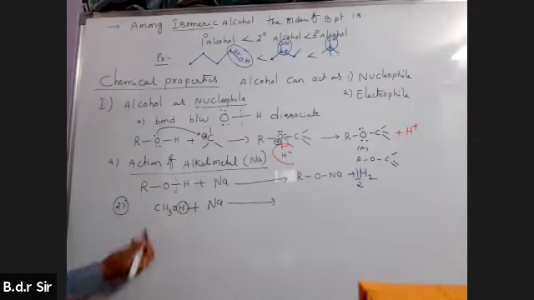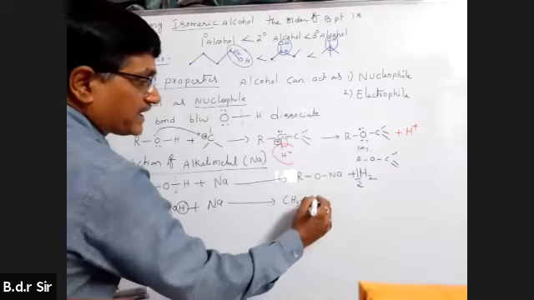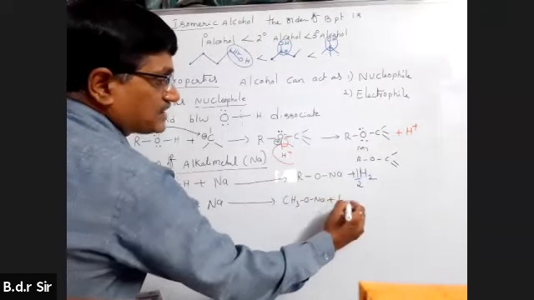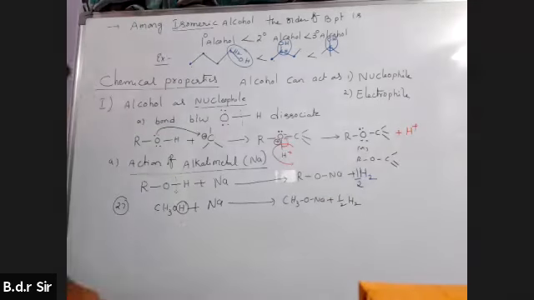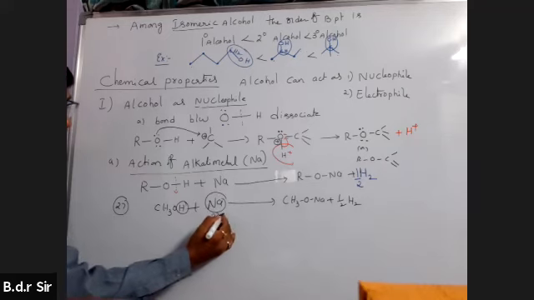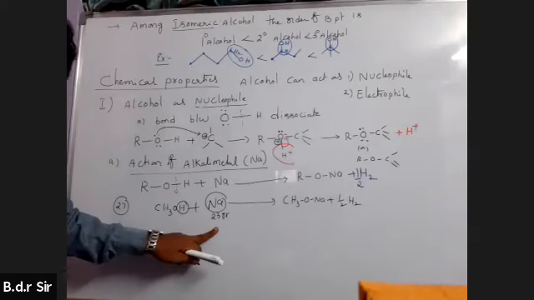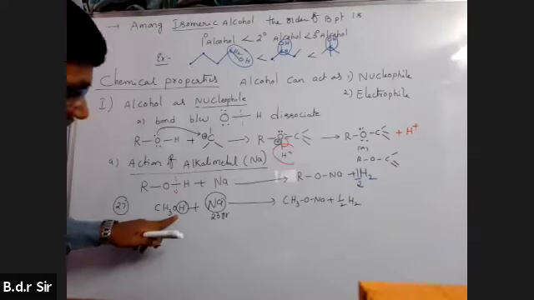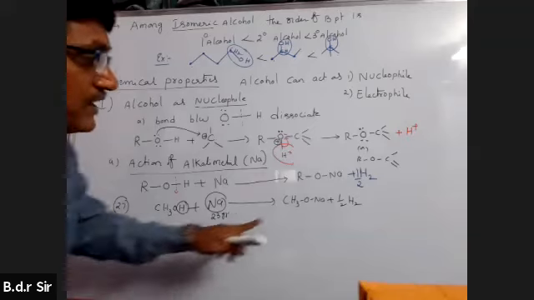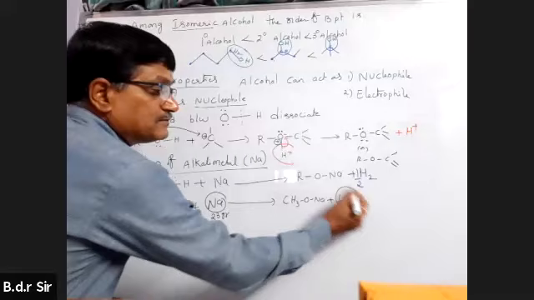Here the OH hydrogen is replaced by sodium. So CH3ONa plus H. Balanced, I think it is balanced. Okay, here how many grams? 23 grams. In the question, 23 grams of sodium will react with methanol to give how many moles of hydrogen?